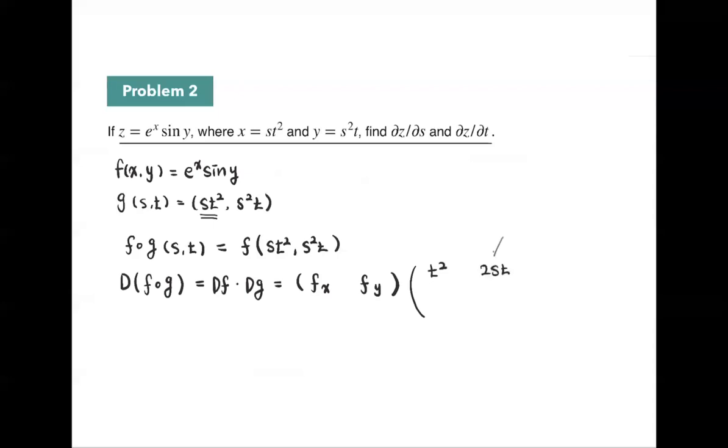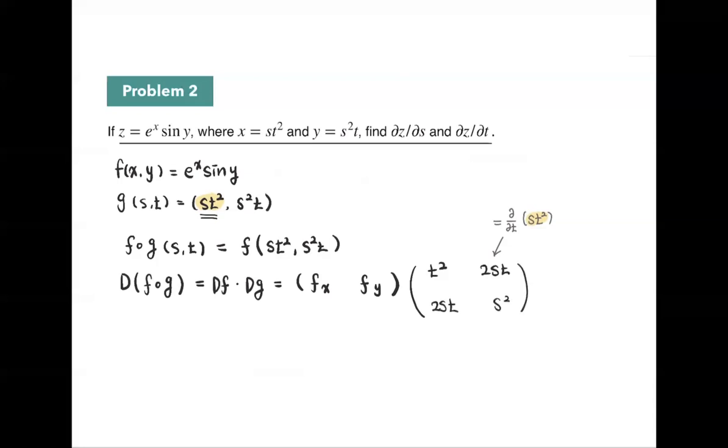We get this one by calculating d dt of st squared, okay? St squared is from the first function. So the second line, we get 2st and s squared, okay?